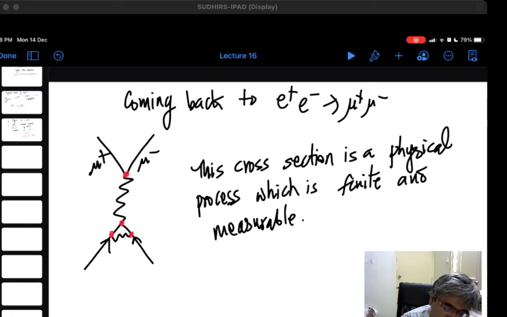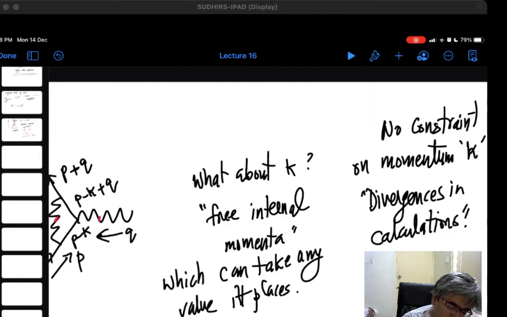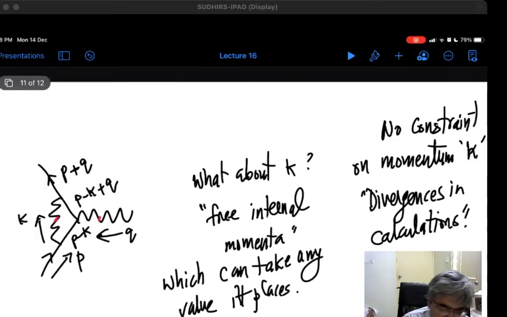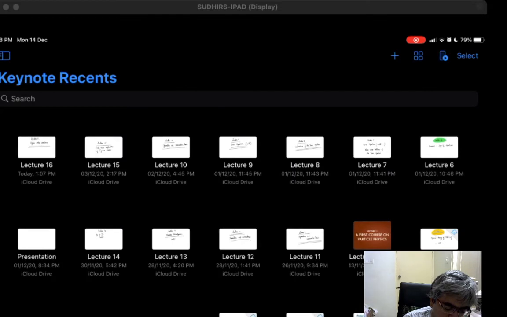Because when I compute this particular diagram, K is unconstrained. Let's compute this diagram and then you'll understand it in the physical process.